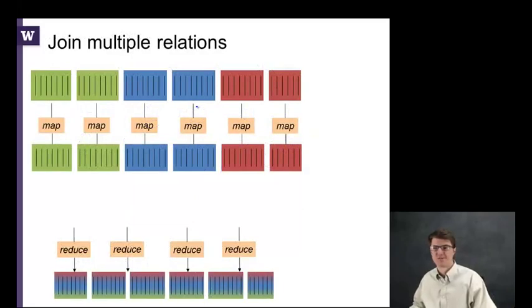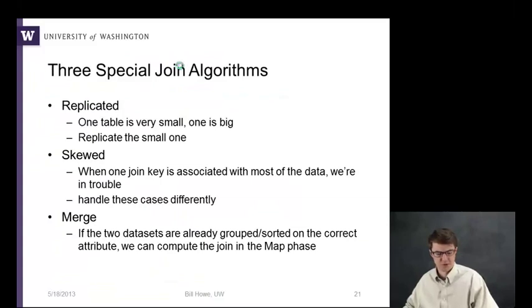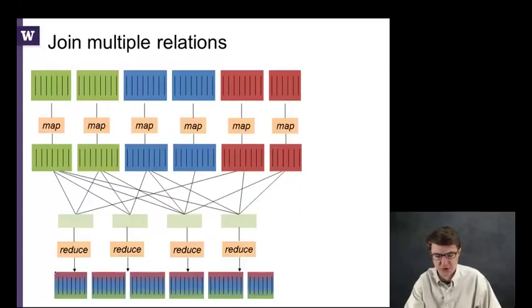Okay, so here's what it looks like. If we have multiple relations represented by colors here, green, blue, and red, they can all be processed by the map phase and associated with keys, shuffled across the network to produce the join tuples here. Right, so there's nothing fundamentally binary about this operator. It's just processing tuples associated with the respective join keys and shuffling them all across the network.